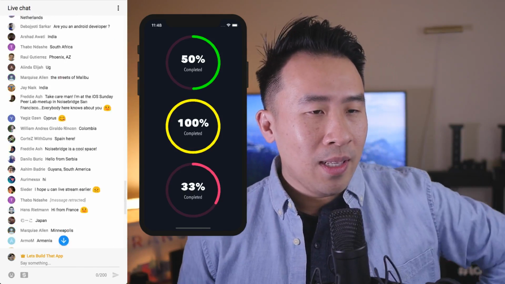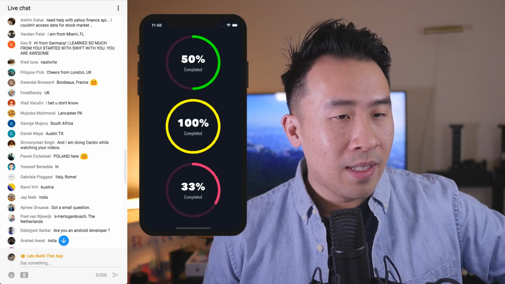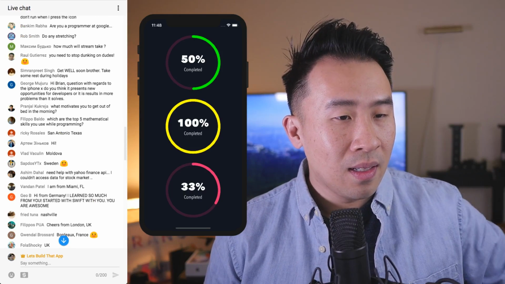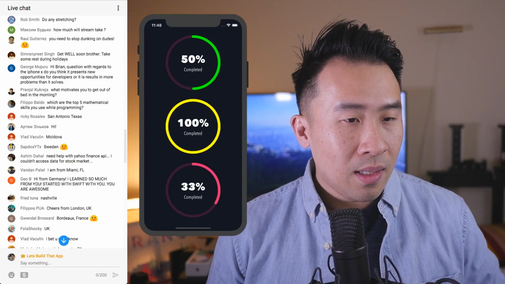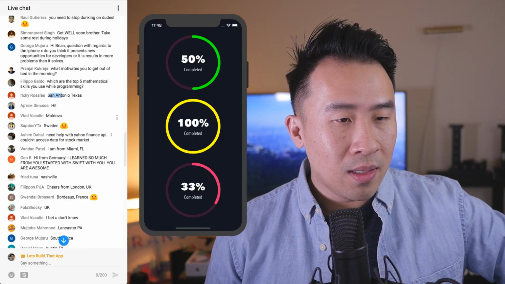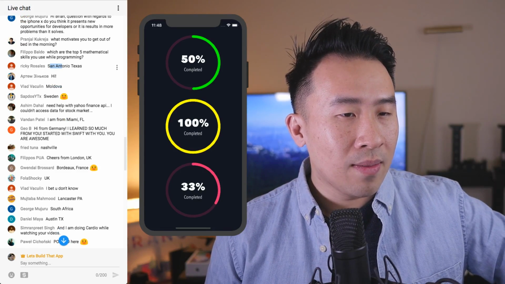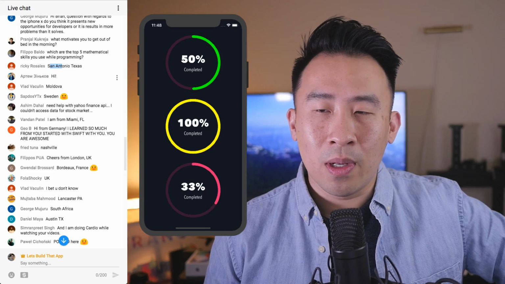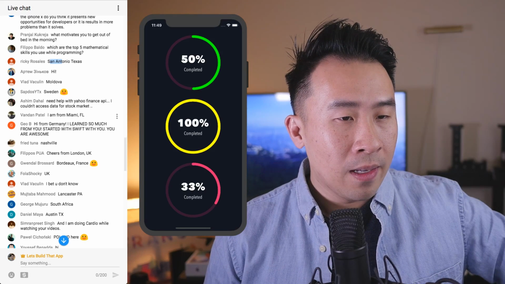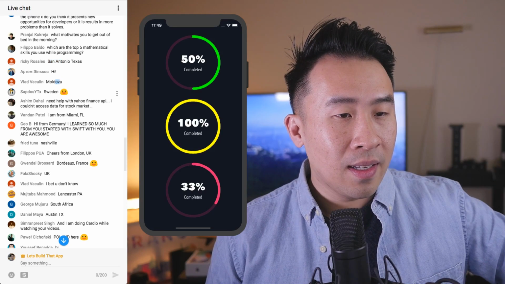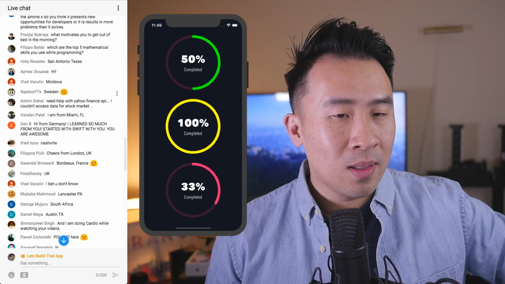Okay, so let's see, I see such a huge amount of variation in terms of location. We have San Antonio, Texas. I think it's 1 p.m. over there. Moldova, Sweden.